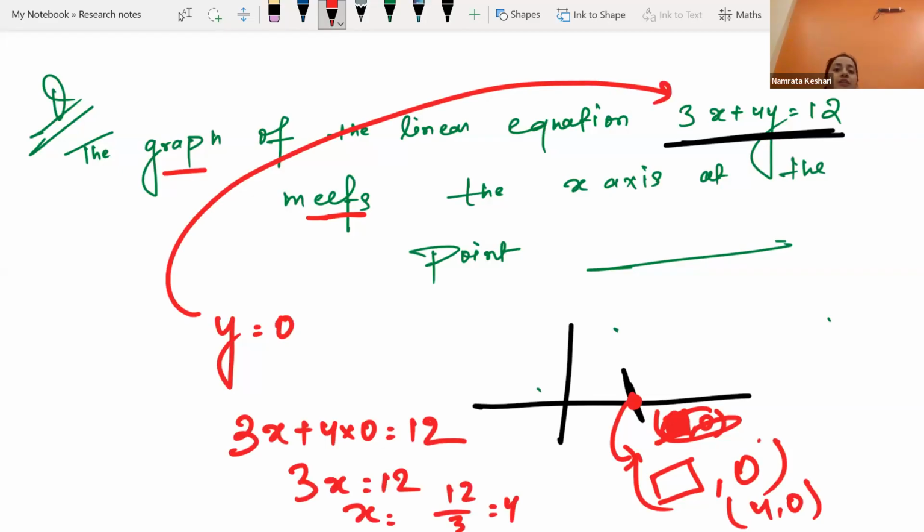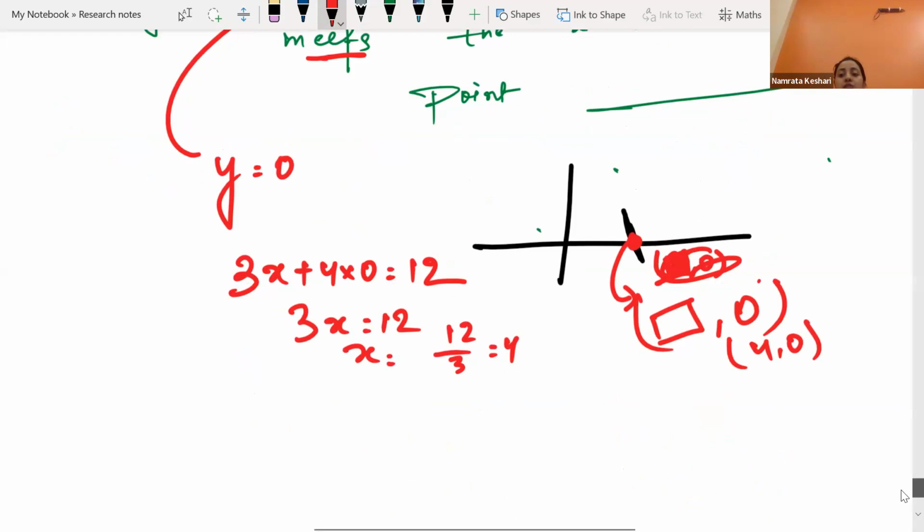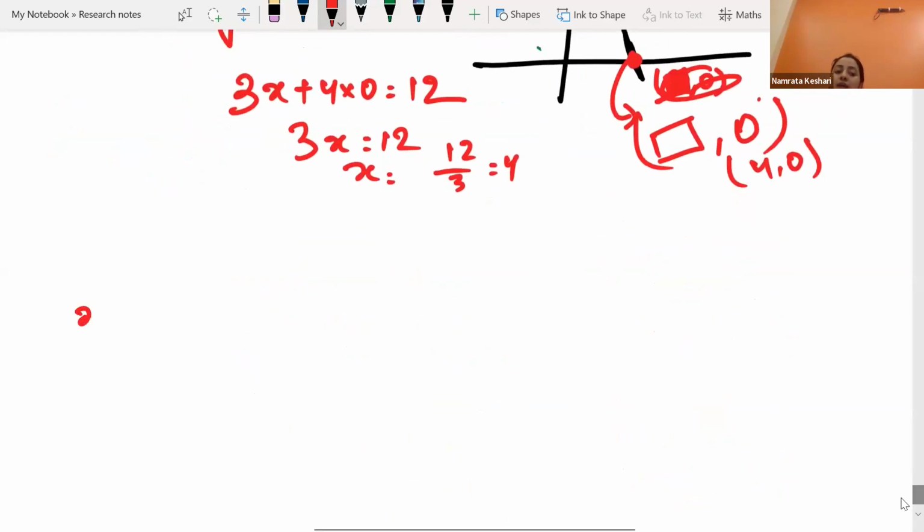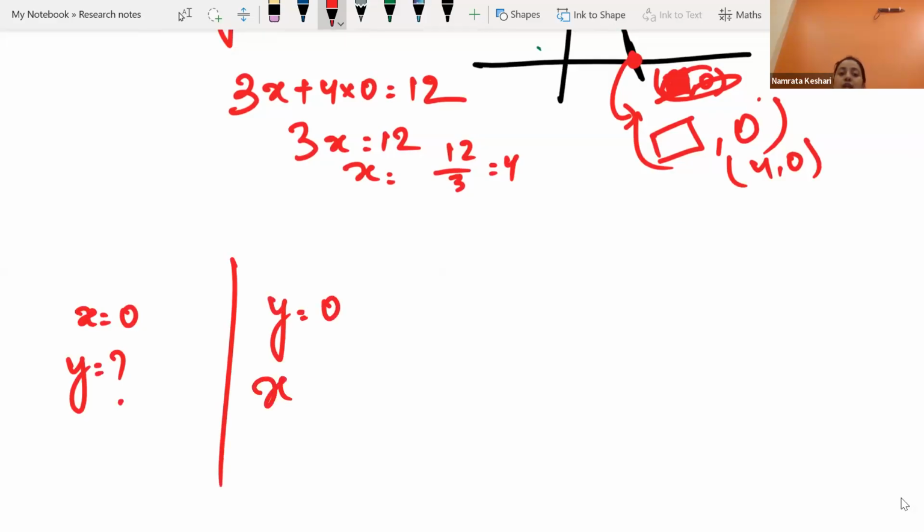Here we are just building the understanding that when we have to find three or four solutions, we quickly put x equal to 0 and find the y value, then y equal to 0 and find the x value. In the chapter on linear equations in two variables, whenever we have to find three or four solutions, at first we try finding this type of solution, yes or no? Yes, ma'am.